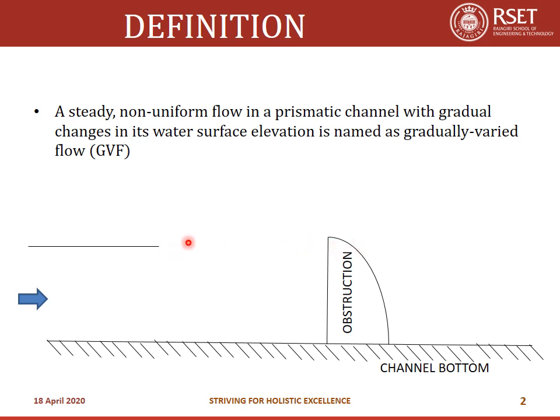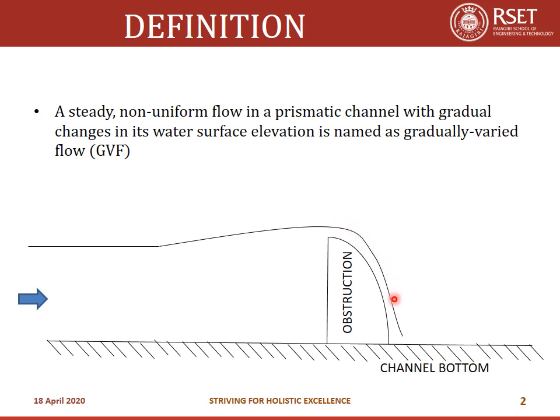So slowly the flow depth starts to increase, so that ultimately by the time it reaches the obstruction, it will be able to pass the obstruction. So this is how the depth is going to vary as it reaches close to the obstruction.